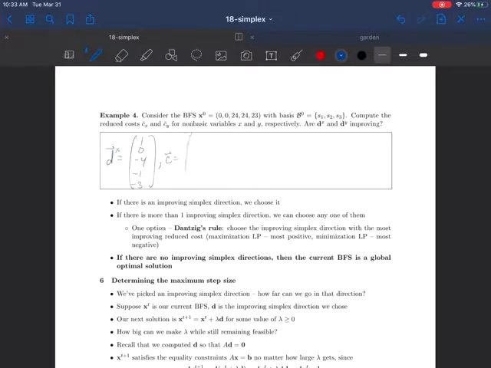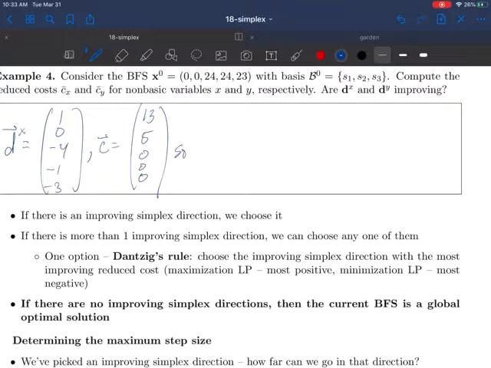So I go back here, and I see that c is equal to 13, 5, 0, 0, 0. So the reduced cost, c bar of x, is equal to c transpose dx, which is equal to 1 times 13 plus 0 times 5.